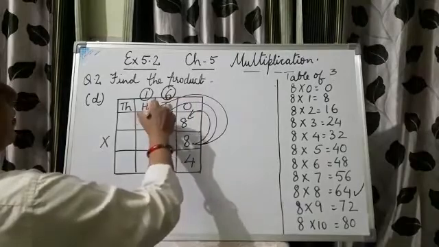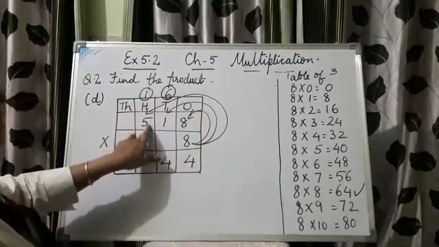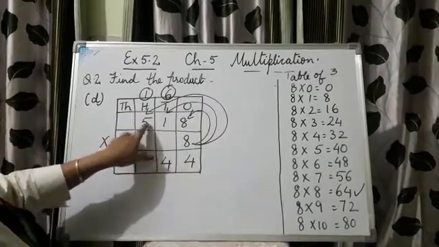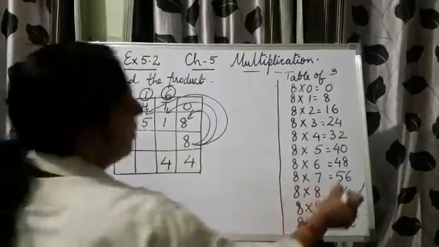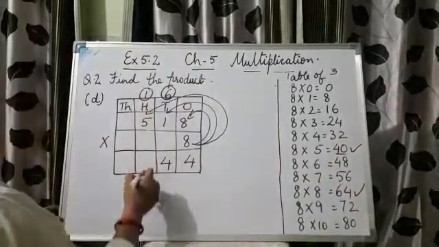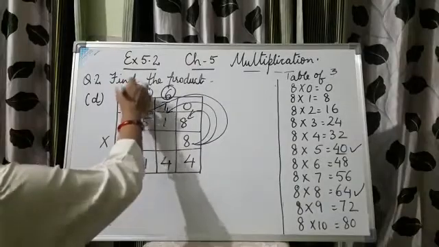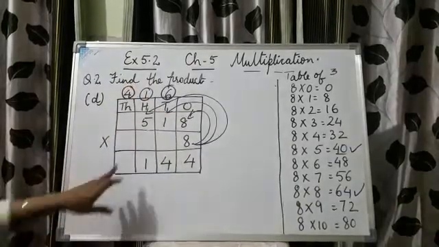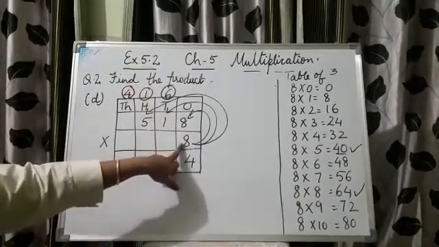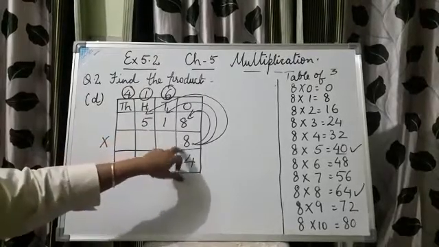Then multiplying the 8 with the hundreds digit, that is 5. 8 fives are 40 plus 1 is 41. 1 here and 4 carried to the next place. Now children, you don't have any digit on the thousands place to be multiplied with 8.